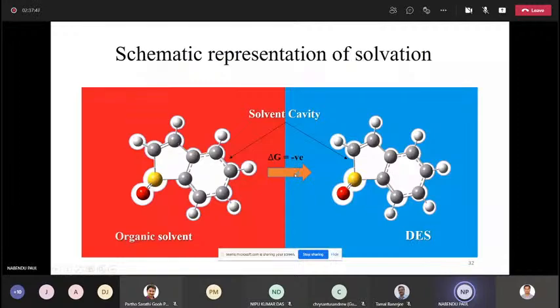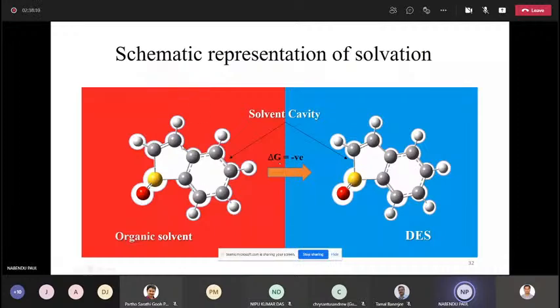So one idea to do that is to know the delta G of solvation, that is the Gibbs free energy of solvation, and whether the difference is negative or not. From that, we can get an idea about whether these solvents can be used for separating these. So this is a cavity.